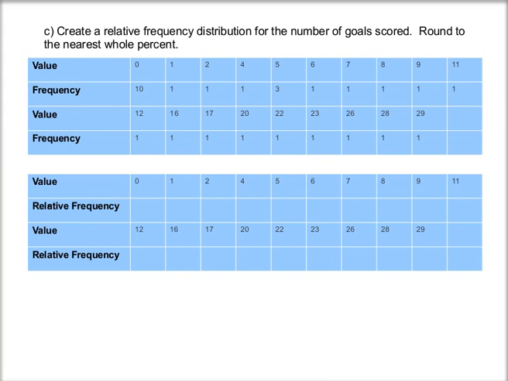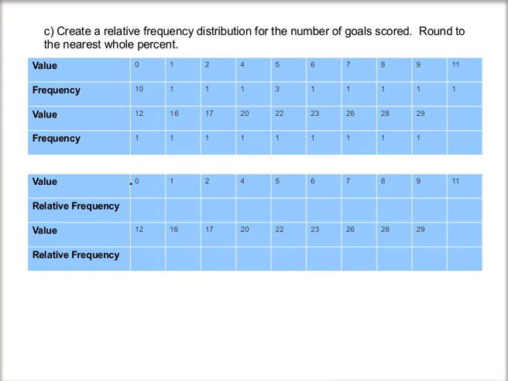For part C, I want to create a relative frequency distribution for the number of goals scored, and I'm going to round to the nearest whole percent. So I've copied over my frequency distribution chart here, and I'll use it to fill in my relative frequency distribution chart below it. So remember, we're calculating percentages.